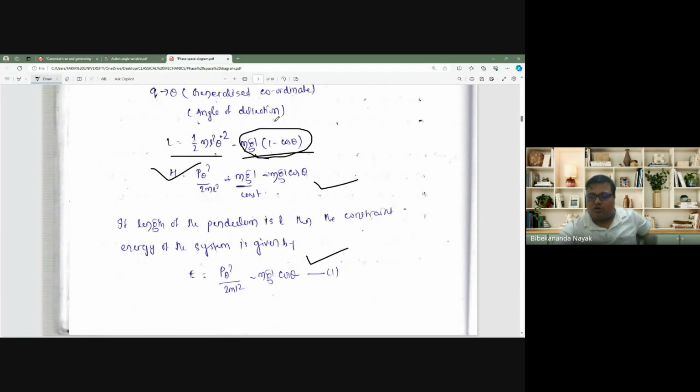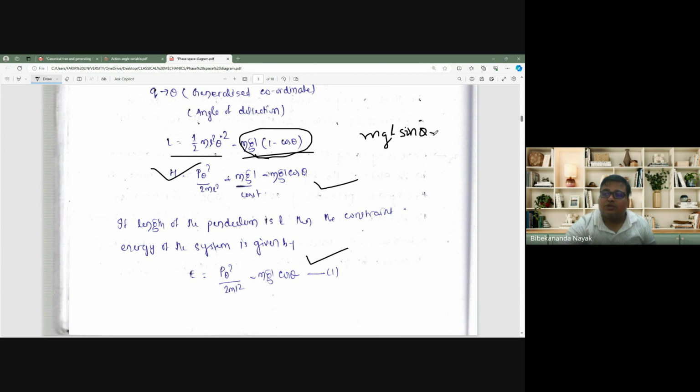Find the equilibrium point, where the derivative will be 0. The variable is only theta, so the derivative of minus mgl cos theta is mgl sin theta. So mgl sin theta is equal to 0.